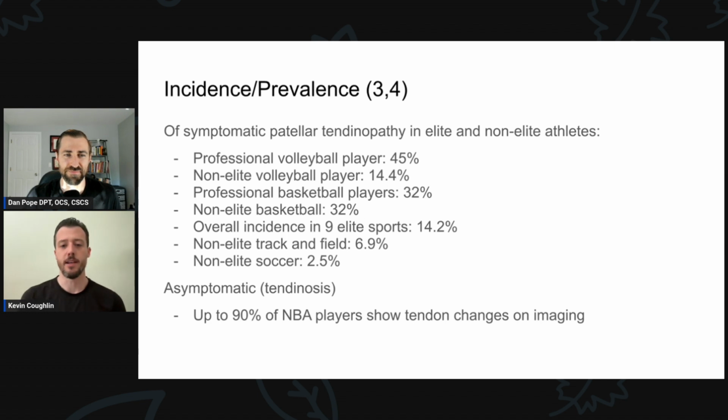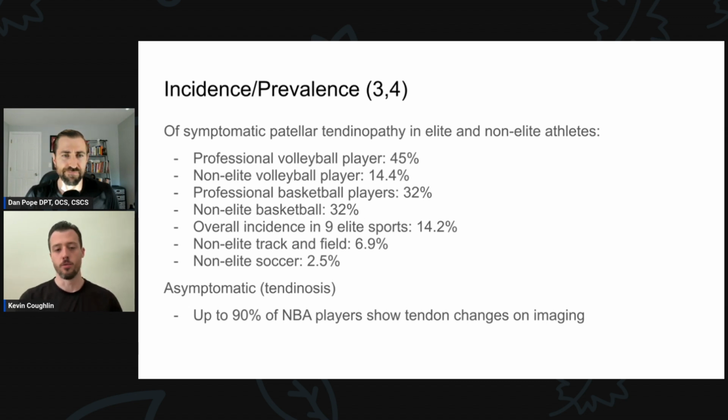And really the point here, I'm not going to go through each and every single one, but what you'll see if you're watching this is that for all the elite athletes, they have significantly higher rates of symptomatic patellar tendinopathy than non-elite athletes. And I thought that was interesting because I think this shows that the higher you're loading the patellar tendon with the more skilled and higher level competition, you're loading the tendon so much more, you're more likely to get patellar tendinopathy.